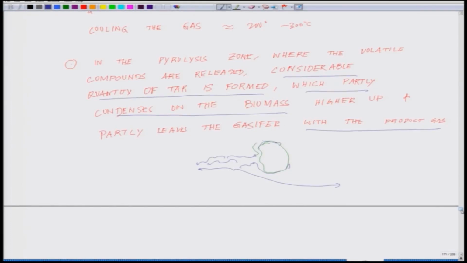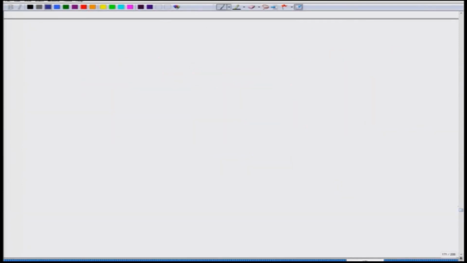Now, there is a fourth point about this updraft gasifier we needed to highlight, that is the temperature in the gasification zone is controlled by adding steam. Okay.